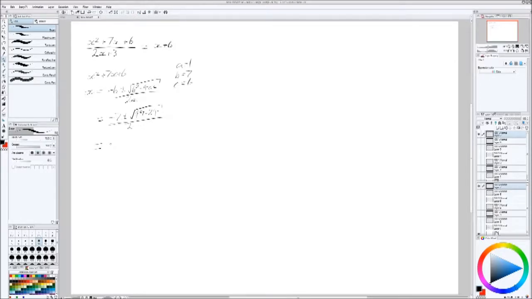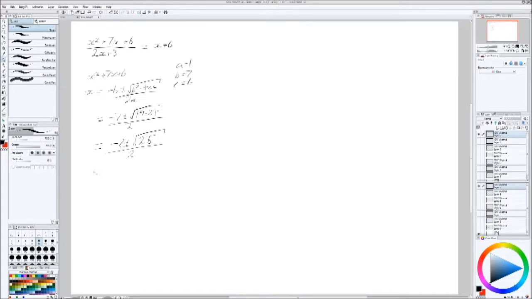So then we end up getting negative 7 plus minus the square root of 25, because 49 minus 24 is 25, because 49 is 1 less than 50, and 50 is 2 times 25, 24 is 1 less than 25, so on and so forth.